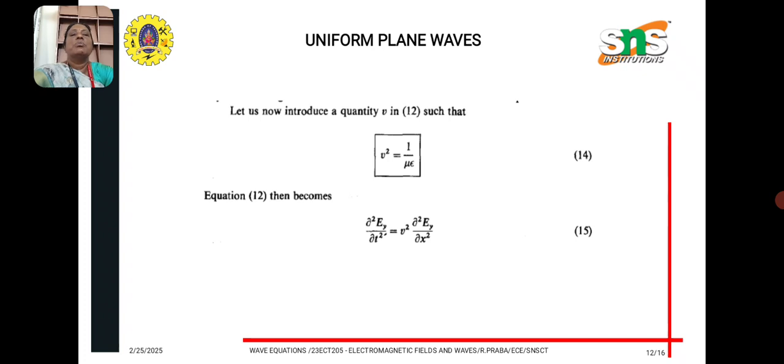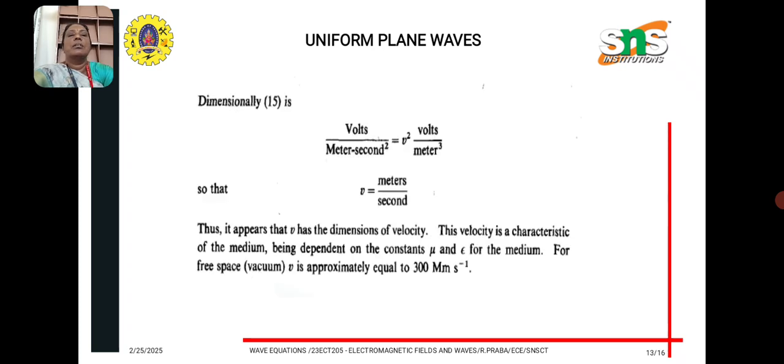And now there are some important considerations of uniform plane waves, that is the velocity squared is equal to 1 by με, that is v² is equal to 1 by με. And ∂²Ey/∂t² can be written as v² into ∂²Ey/∂x². And by dimensionality we obtain v is equal to meters per second, because volts per meter second squared is equal to v² into volts per meter cube.